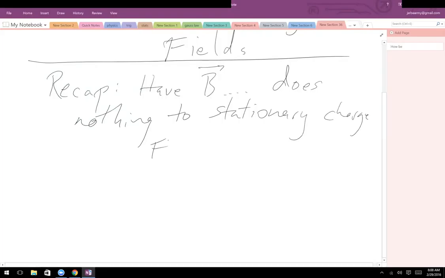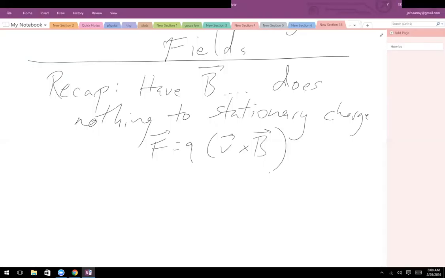Because the force was Q times V cross B. So if a charge either isn't moving or, since that cross product has a sine theta in it, if a charge is moving in the same direction as the field, it's like the field isn't even there. It doesn't do a thing. All right.